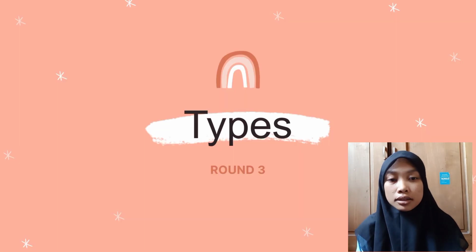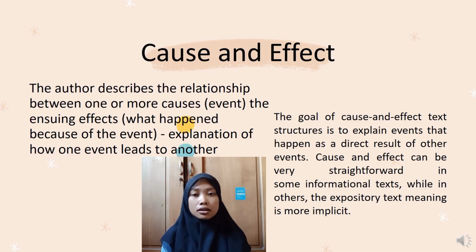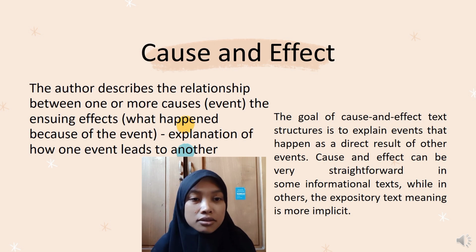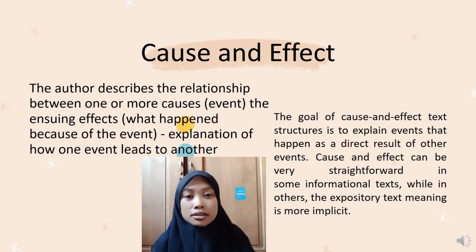Okay, the next is the explanation of each type of expository text. Okay, the first type is cause and effect. In this text, the author describes the relationship between one or more causes or events, the ensuing effect or what happened because of the event, and an explanation of how one event leads to another.